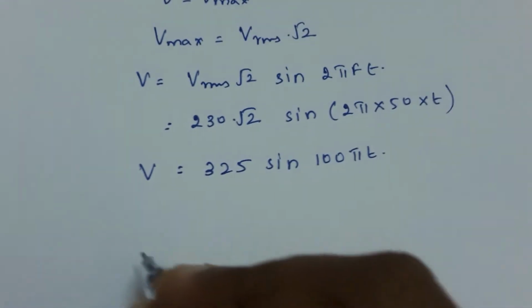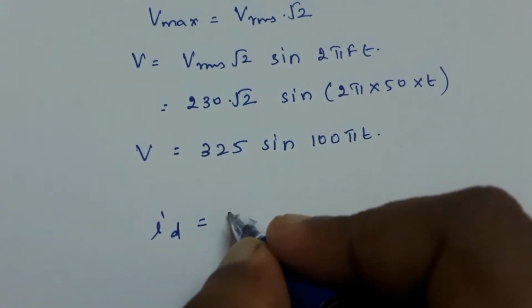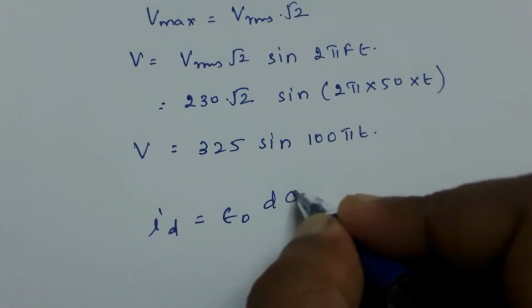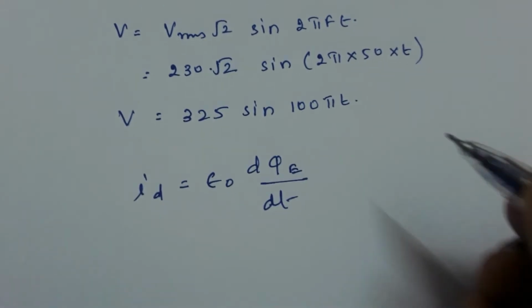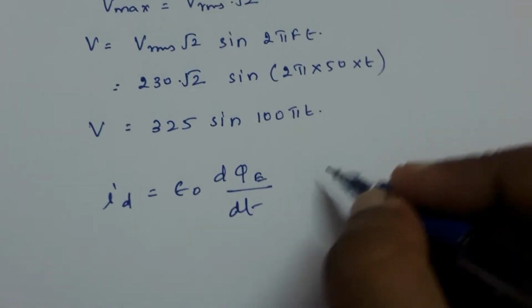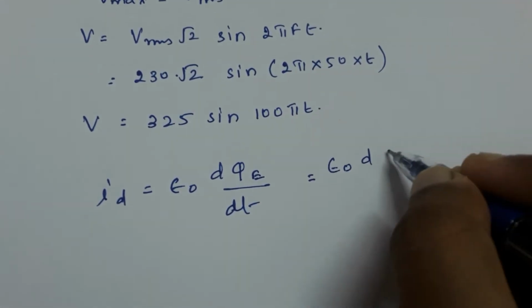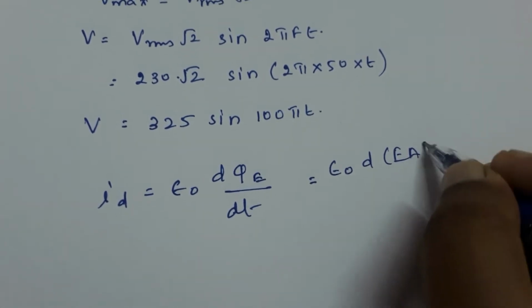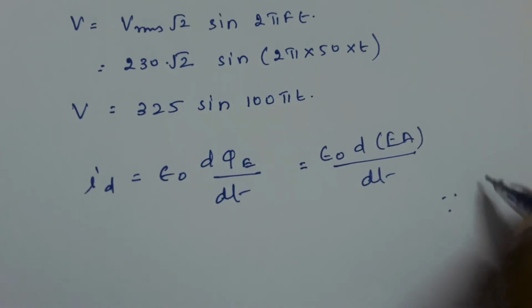So displacement current is given by the formula ID is equal to epsilon 0 into d phi E by dt. What is phi E? Phi E is equal to E into A. So you can write epsilon 0 d of E A by dt. Why are we writing EA?